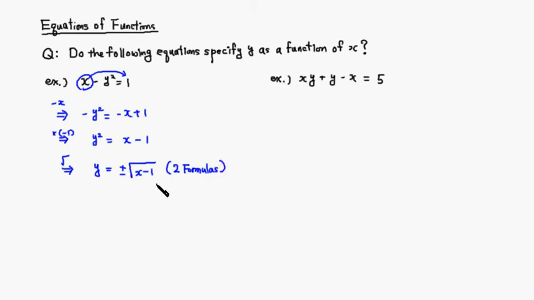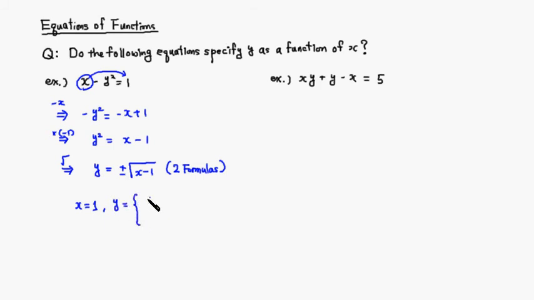Which indicates that this is not going to be a function. For example, let's try x equals 2. Then the corresponding y value has two values.